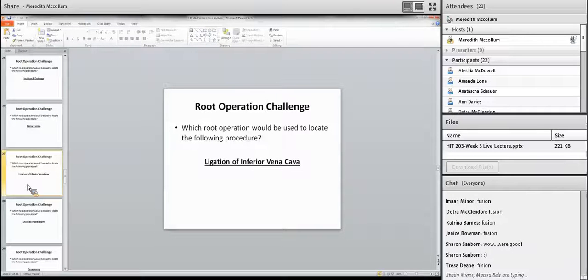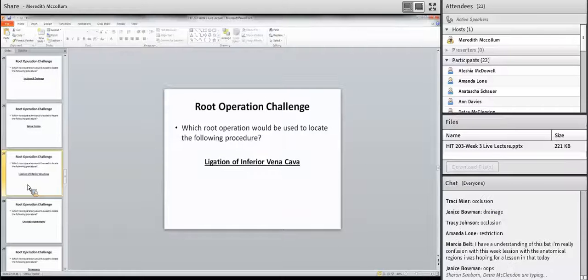Ligation of inferior vena cava. Remember, ligation means to basically cut it off. They're tying it up. It is occlusion. Occlusion.